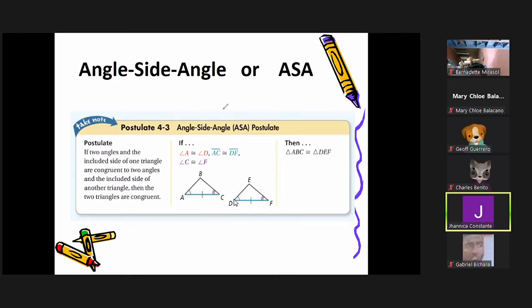You cannot identify that the two triangles are congruent using the ASA if the side is not between them. It should be between two congruent angles for you to identify that the two triangles given are congruent using the ASA postulate. For example, we have these two triangles.